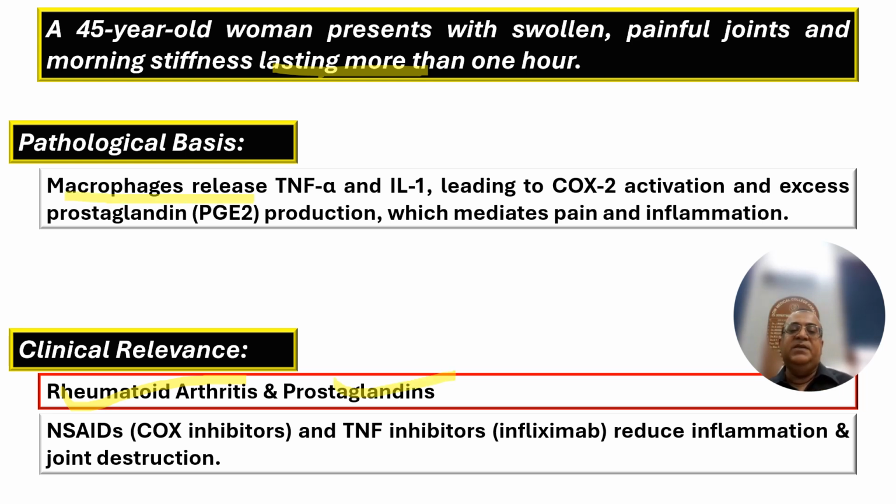The macrophages release TNF alpha and interleukin 1 that lead to COX-2 activation and formation of prostaglandin E2 that mediates pain and inflammation. Non-steroidal anti-inflammatory drugs inhibit COX, and infliximab that inhibits TNF reduces the inflammation and joint destruction.